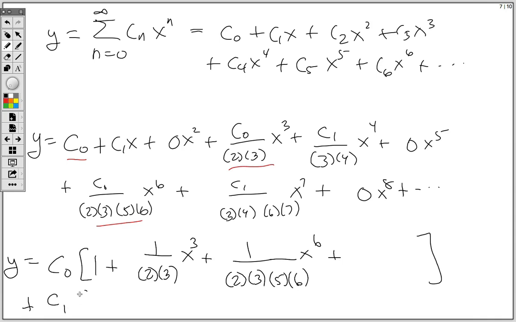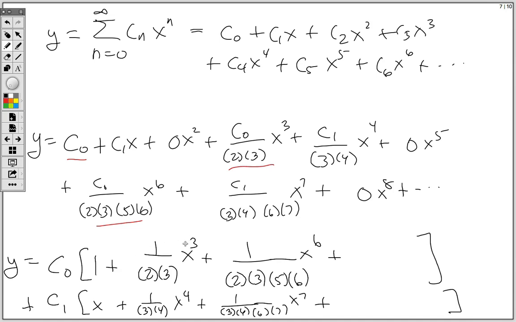And then everything else that's non-zero, I can pull a c1 out of. And so what do I get there? I get an x plus 1 over 3 times 4 x to the 4th plus 1 over 3 times 4 times 6 times 7 x to the 7th plus, and now let's see, what would the next one be for the c naught?